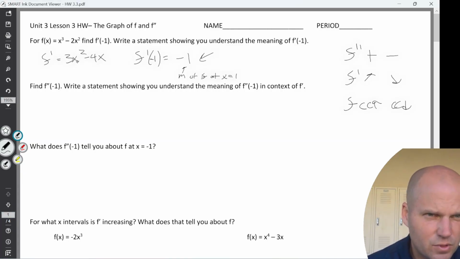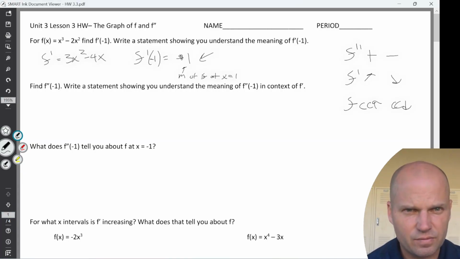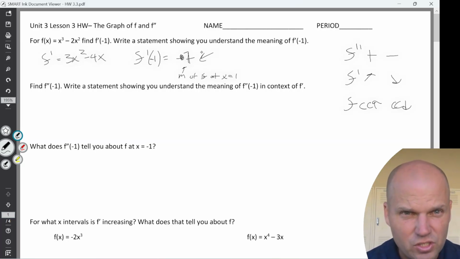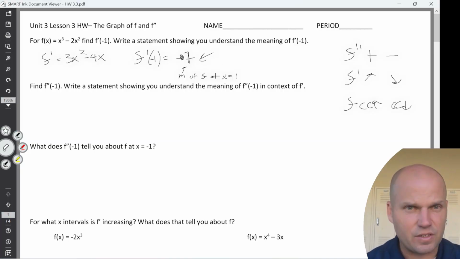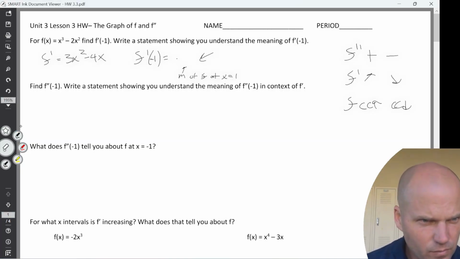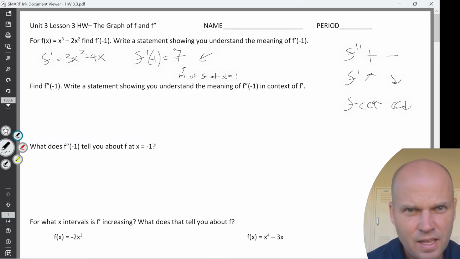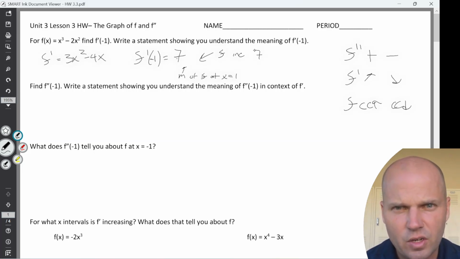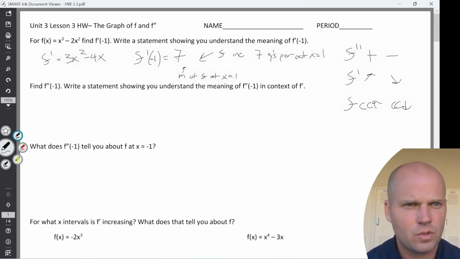Yeah, fine. So 3 plus 4, which is 7. It's telling us f's slope is +7. It's telling us that f is increasing 7 y's per x at x equals 1.